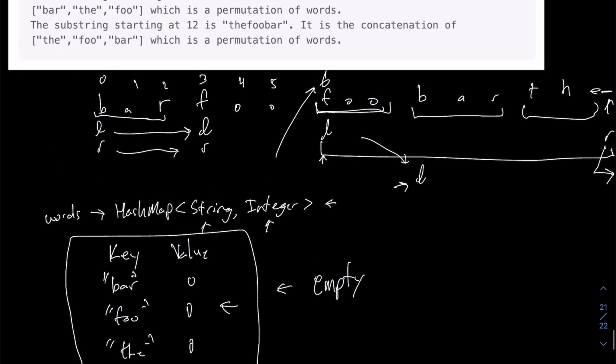After we figure this out, we still have to take care of the cases where L starts at 1, 2, 4 and 5. But we can just do this exact same sliding window process again, with a different starting point.